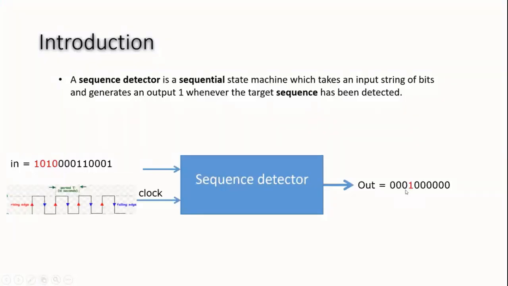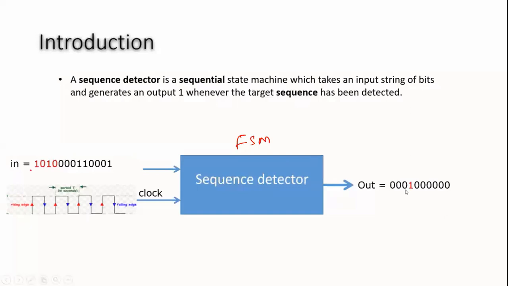What is a sequence detector? Very simple. It is nothing but an FSM. Of course, you can define this FSM as a Mealy machine or Moore's machine, that's left to you. But what is it going to do? A series of input can be given and you are looking for a pattern. If that particular pattern comes, then it will give 1.